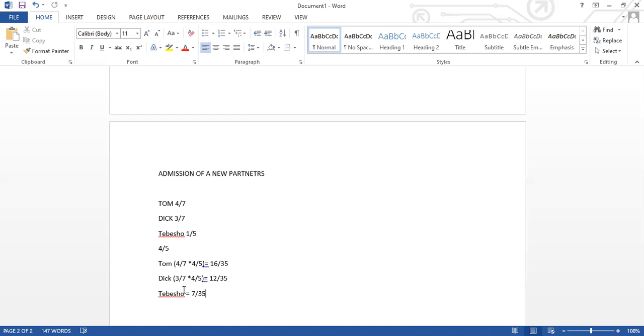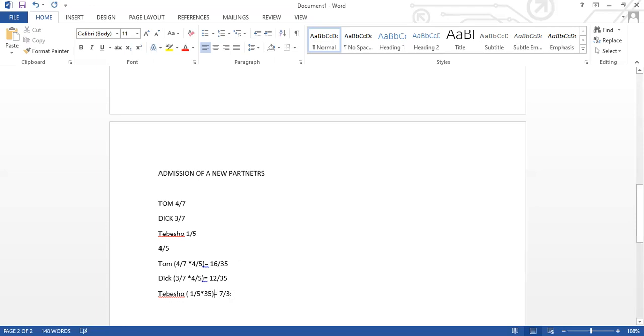So the other easiest way to do, you can even just take 1/5. You multiply it by 35 because 35 is the denominator. You will get 7 and then the denominator remains the same.